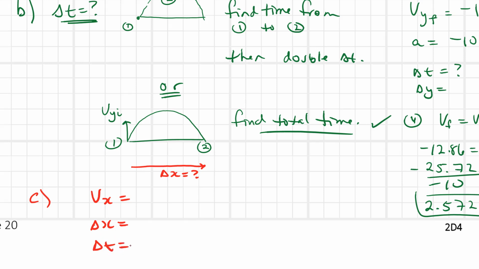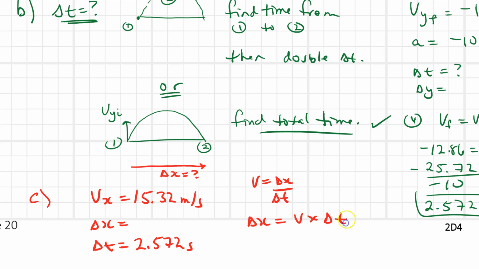Well, I can use the time that I just calculated, which was 2.572, and Vx, which I found earlier, was 15.32 meters per second. So if v is equal to delta x over delta t, I can solve for that and say delta x is equal to the velocity times the time. So when I multiply those two numbers together, I get 39.4 meters.